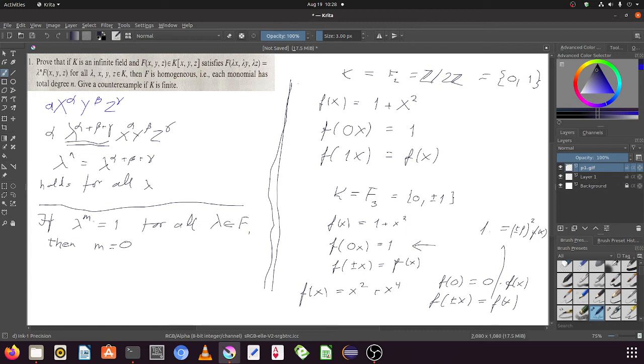Or if it's a distinct value, a non-zero value of m for all lambda, then lambda is finite. That's what it's about.